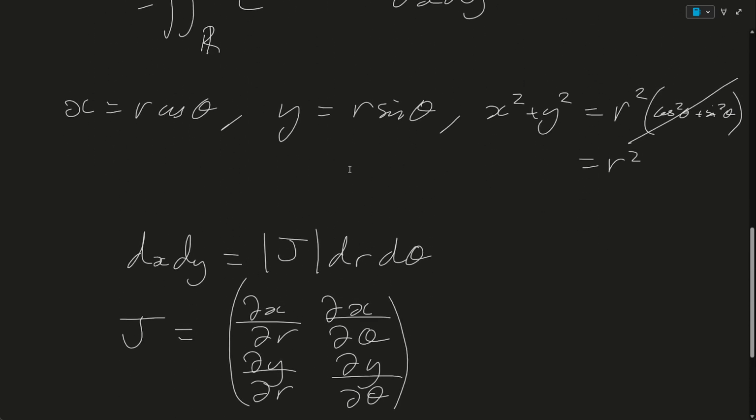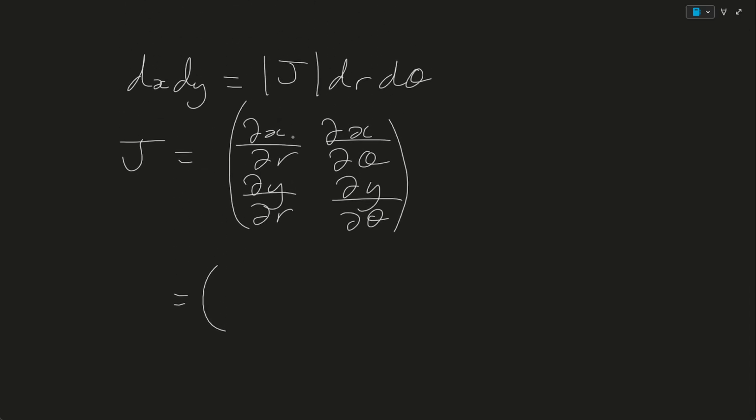Let's look at our bits and bobs. Well, dx dr is just going to be cos theta. dx d theta is just going to be minus r sine theta. Obviously, the derivative of cos theta is minus sine, and then this is going to become plus sine because we get rid of that. And then in the bottom right, it's going to be r cos theta because the derivative of sine is cos, and that leaves us with the following matrix: cos theta, minus r sine theta, and r cos theta.